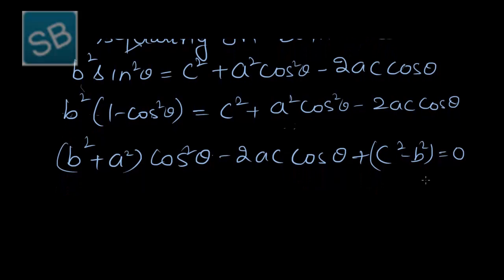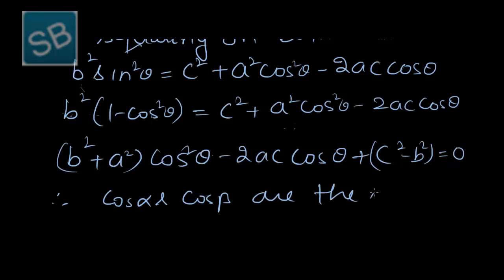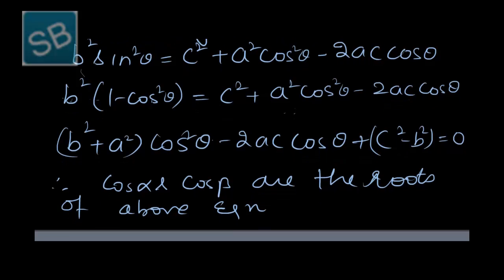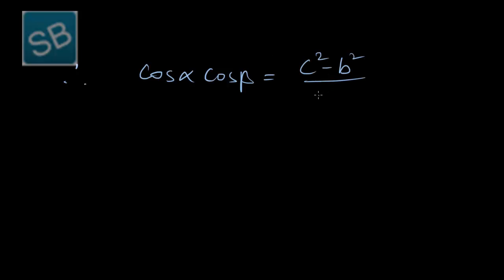So cos alpha and cos beta are the roots of the above equation. Therefore, the product of roots is c over a, that is c square minus b square over a square plus b square. That is number 3.